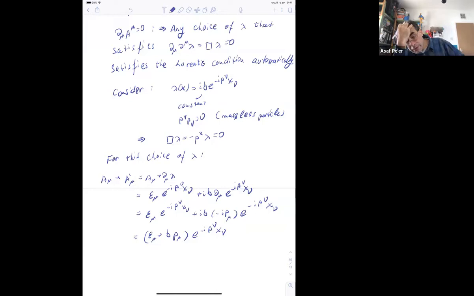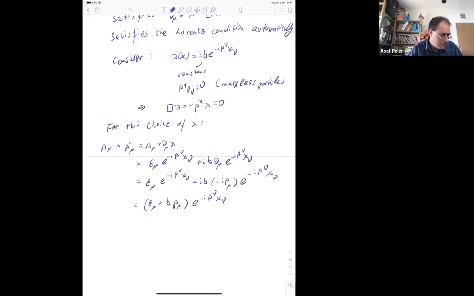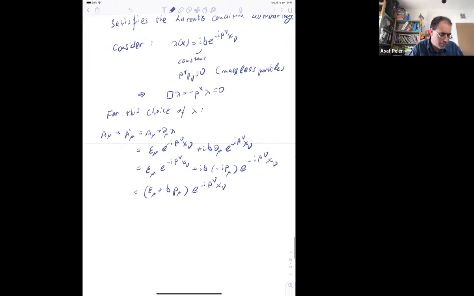In other words, since the gauge transformation does not change the fields at all, that means that the electromagnetic field produced by these photons is unchanged when the polarization vector changes like that.